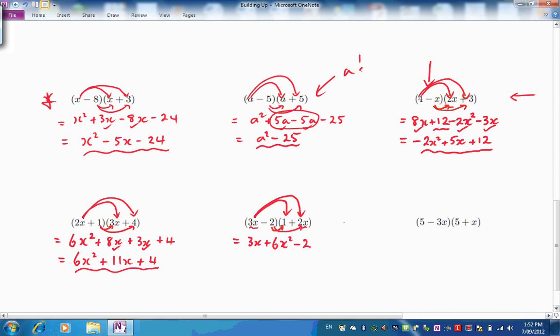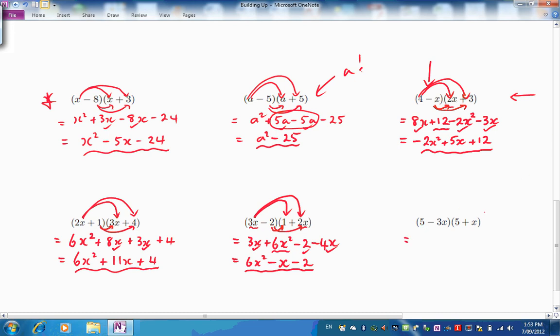Neg 2 times positive 2x is negative times positive, a negative 4x. Let's put it as we would normally do. Let's pluck out the x squared, so put that one up front. And then it's 3x take 4x, which would be neg 1x, or just neg x. And then we've got the number left, which is neg 2. We're trying to see a pattern occurring here.